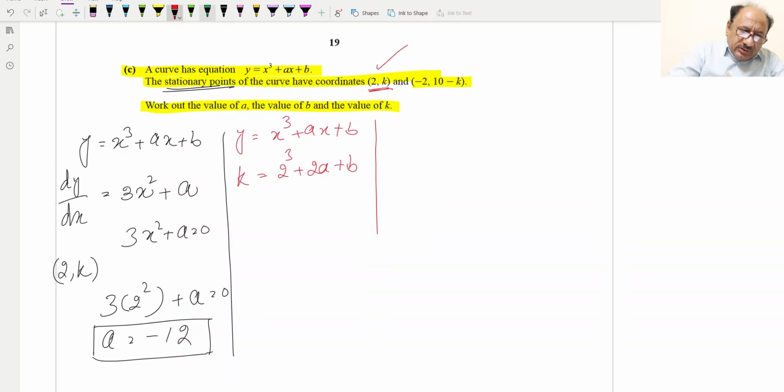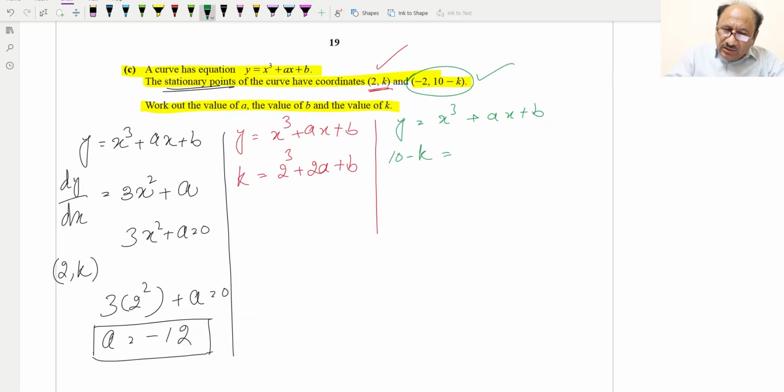We can take this second point also, and we can take this equation which is y is equal to x cubed plus ax plus b, and we will be replacing these x and y values. 10 minus k is equal to minus 2 cubed in brackets plus a into minus 2 plus b, and from this equation also we can write the k value.